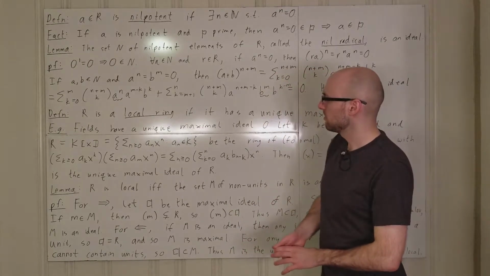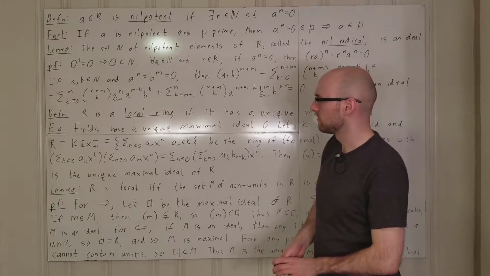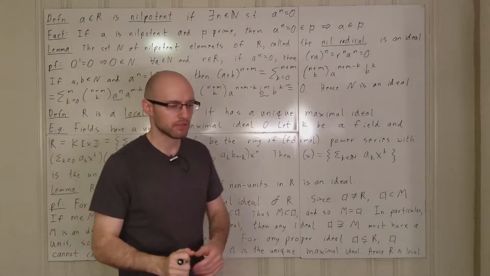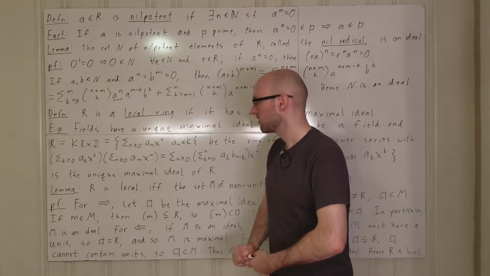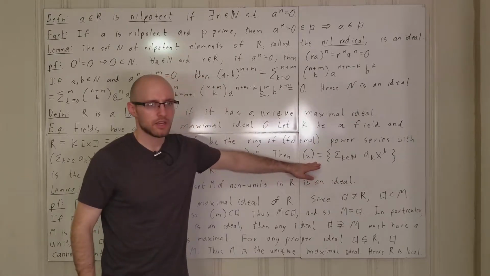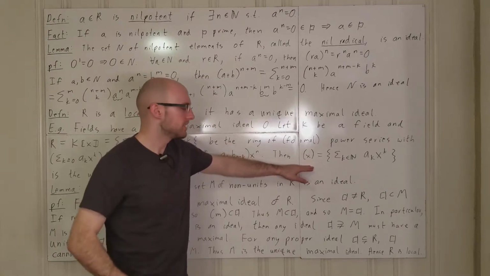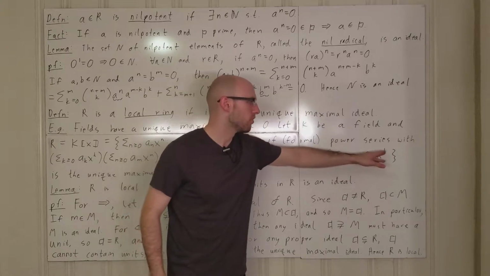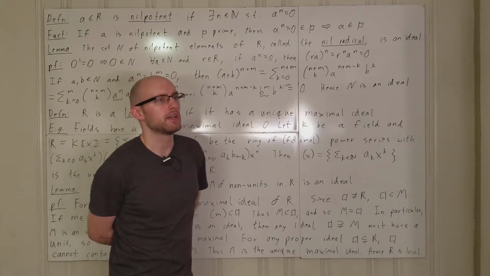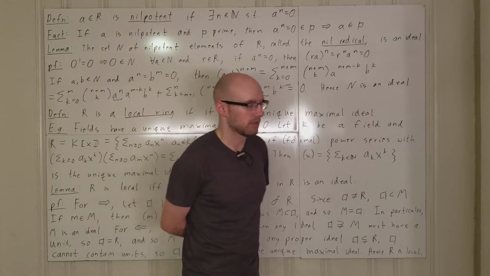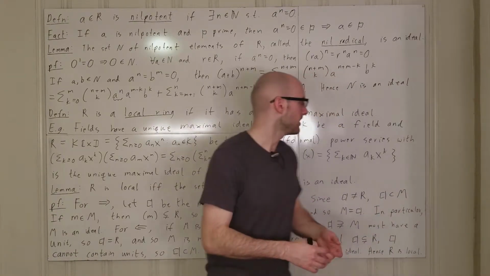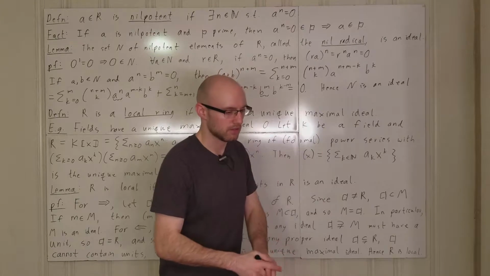Certainly this is an ideal, because by the way multiplication works, the smallest power of any element here is 1, and the smallest power is not going to decrease if you multiply by any element in this formal power series. And certainly adding things together isn't going to decrease the lowest power.